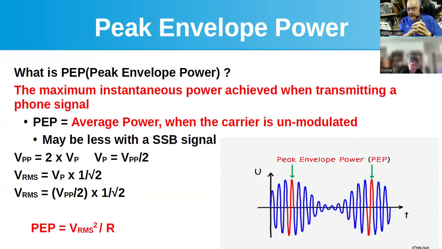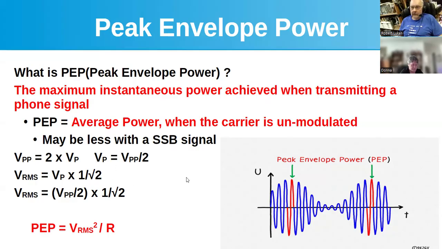I wouldn't call it the effective power, but it's a way to come up with the maximum power that you're allowed to transmit. And the way you do that is, this is like an amplitude modulated waveform, so you find the largest peak and figure out what the RMS value is. In other words, you want the average of that instantaneous peak.